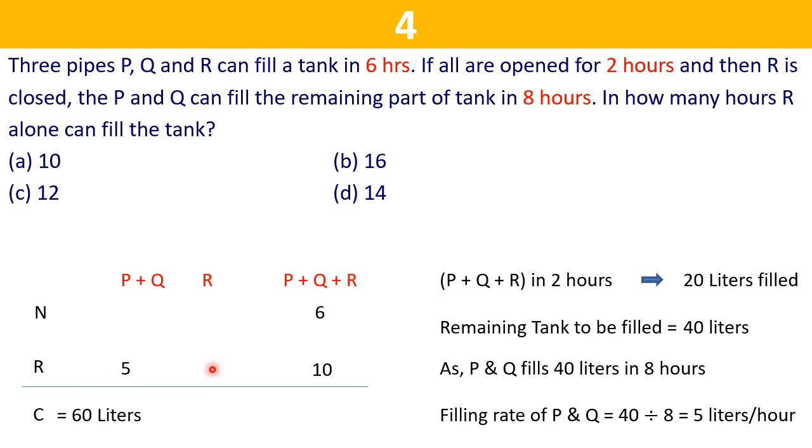So all three pipes can fill 10 liters in 1 hour, of which P and Q can fill 5 liters per hour. So what is the rate of R alone? Obviously it must be 5. Now the question is, in how many hours R alone can fill the tank? 60 liters to be filled at the rate of 5 liters per hour takes a total of 12 hours. 60 divided by 5. Option C is the right answer.